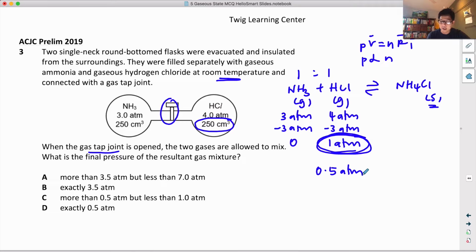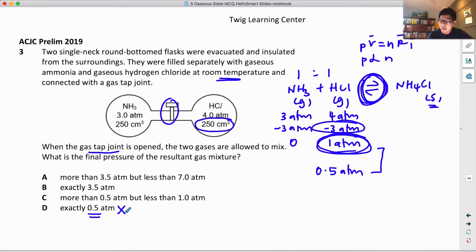But take note, this reaction is reversible, which means maybe not all the HCl, not 3 atm of HCl reacted, probably less of it reacted. So the answer has to be somewhere between 0.5 and 1 atm. It won't be exactly 0.5, and that will be marked wrong.